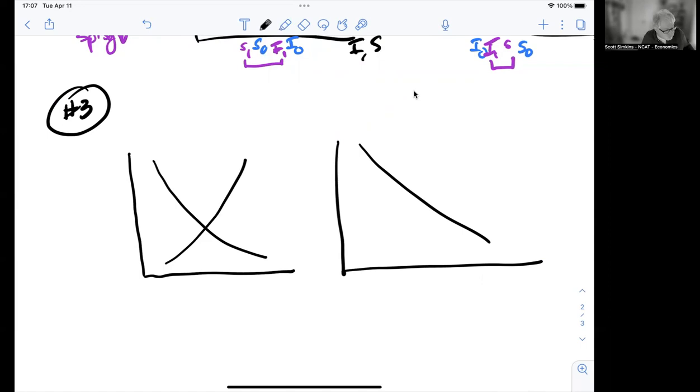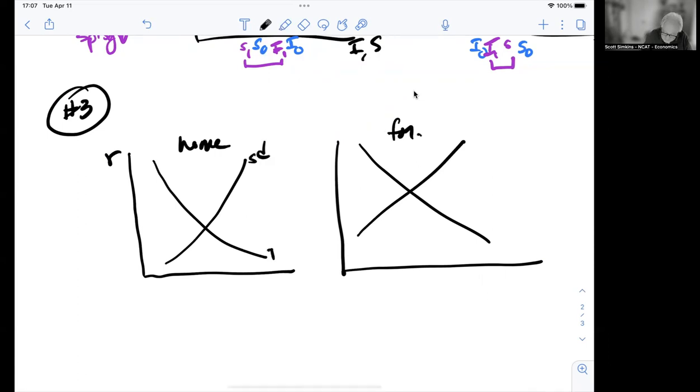Okay, so it says that, to start with, the home country should be running a current account surplus, right? So that's the opposite of what we've done before, right? So this is home, or the U.S., this is the foreign country, desired saving, desired investment.